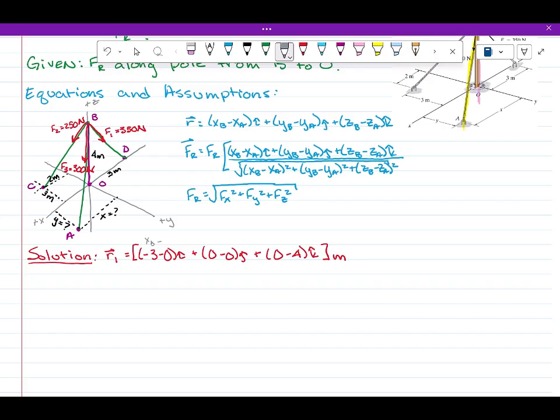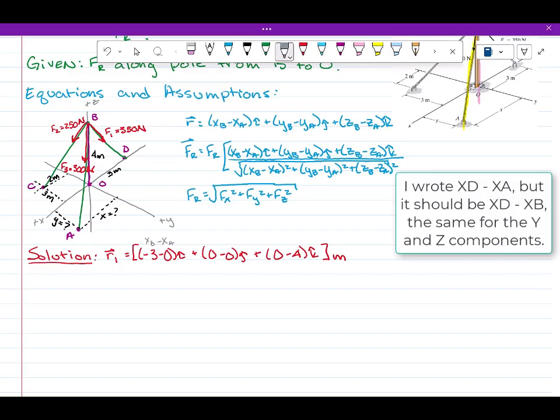Keeping in mind, this is the tip minus the tail. So that is equal to xd minus xb, plus yd minus yb, plus zd minus zb.